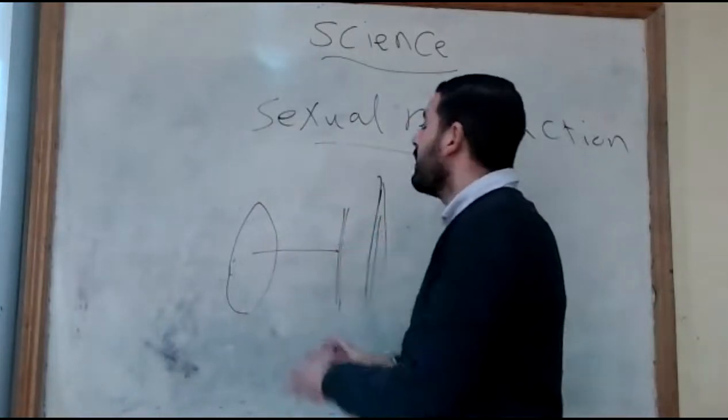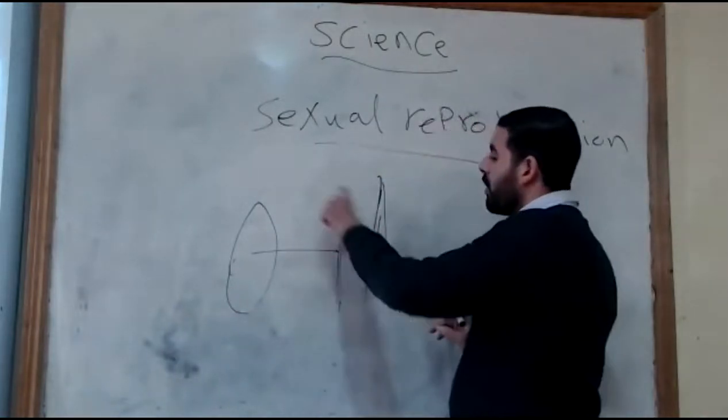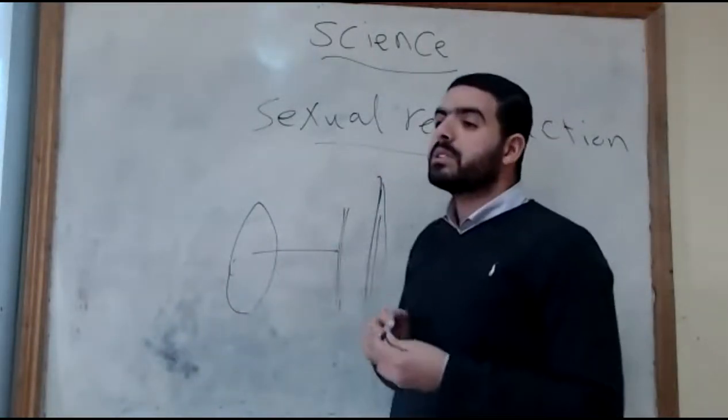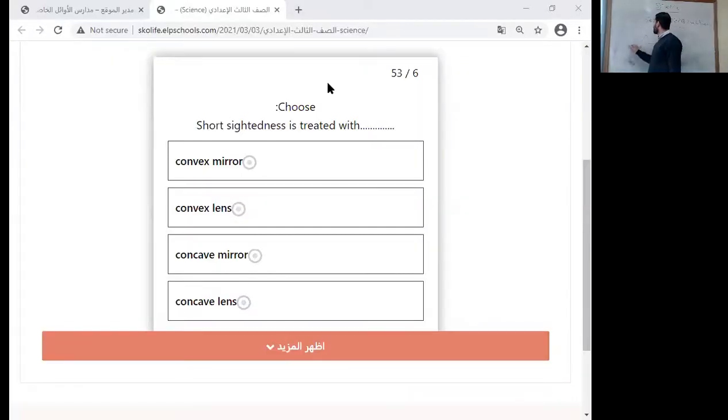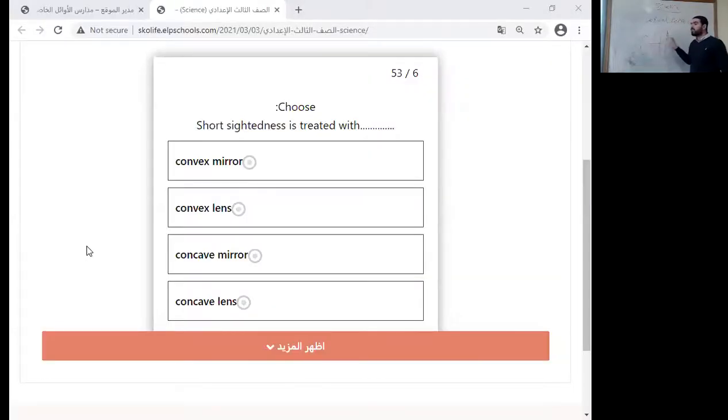So we must scatter these light rays before collecting in front of the retina. So we will use a lens that scatters light rays, which is a concave lens. So we can treat short-sightedness using a concave lens.